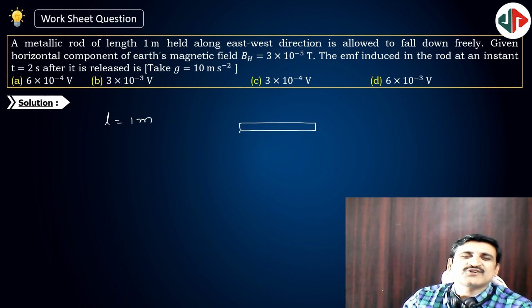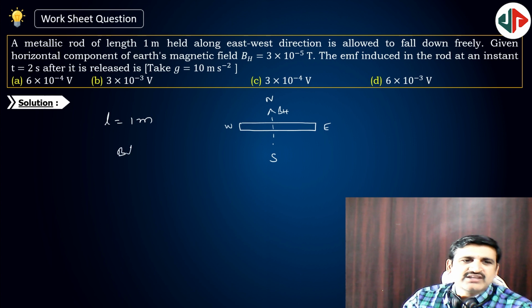West, Goa. Not Arabian Sea. I'm a bad boy. And north, south, east, west. Okay, the magnetic field will be like this, BH. So it is cutting BH freely. Given the horizontal component of Earth's field, find the induced EMF at an instant t equal to 2 seconds after its release.